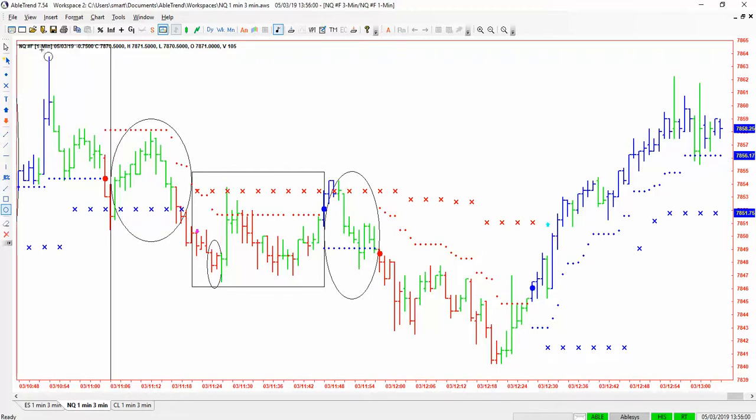But the thing that I look at is, of course, this is no trade zone. Here's your original sell signal. And if you look at the bars, they're going the wrong way. But from here to here, that's about a half an hour.